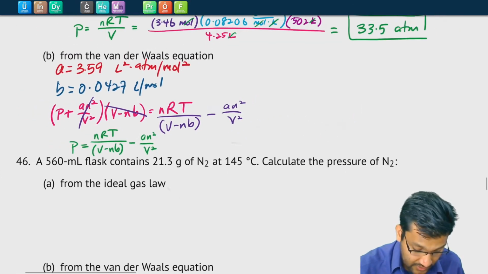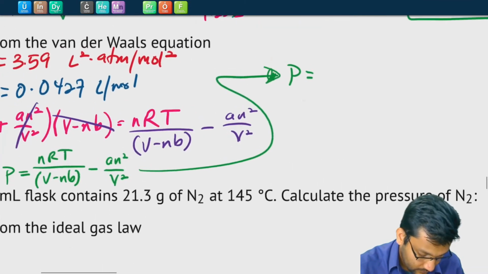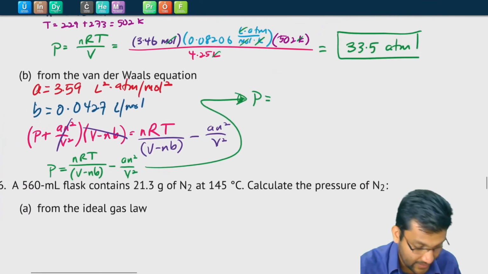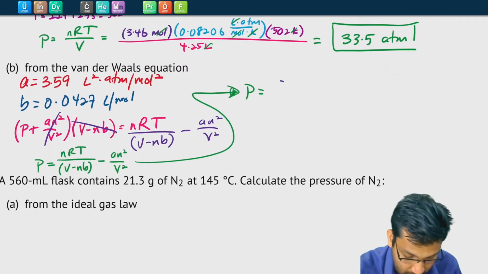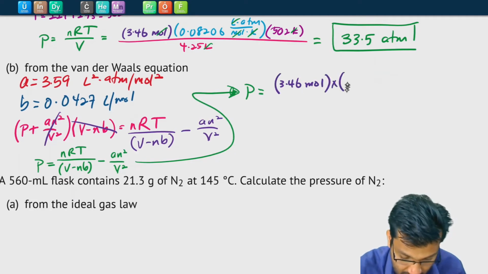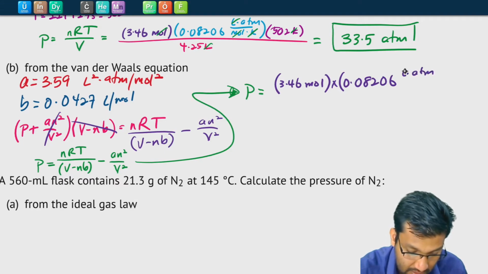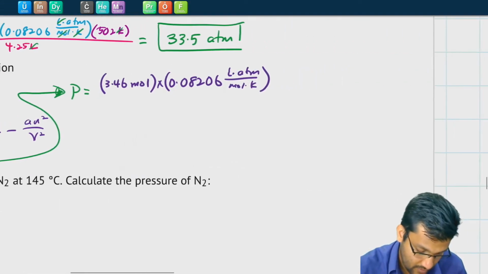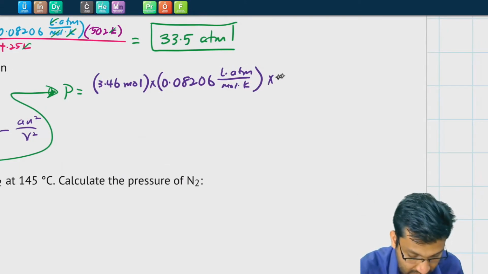Now it's just substitutions, right? So let's come back up over here. P is equal to, I forgot what N was. Let's see, N is up here, 3.46 moles, so 3.46 moles times R, 0.08206 liters times atmospheres over moles times Kelvin. nRT, the temperature was 502 kelvins.